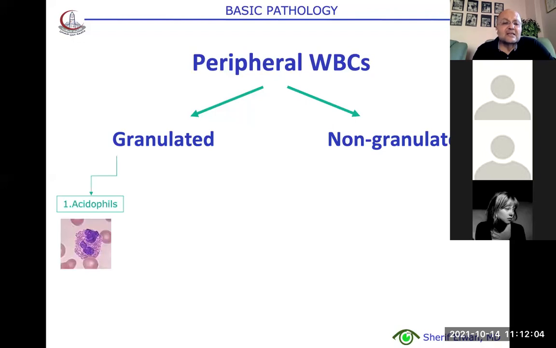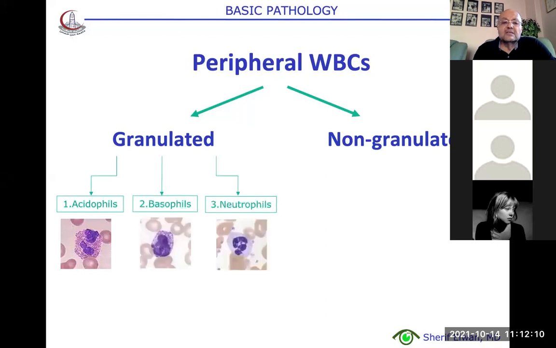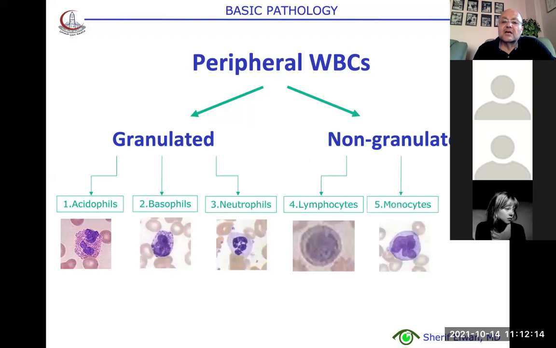The granulated cells are acidophils, basophils, and neutrophils, and the non-granulated are lymphocytes and monocytes, as well as dendritic cells.